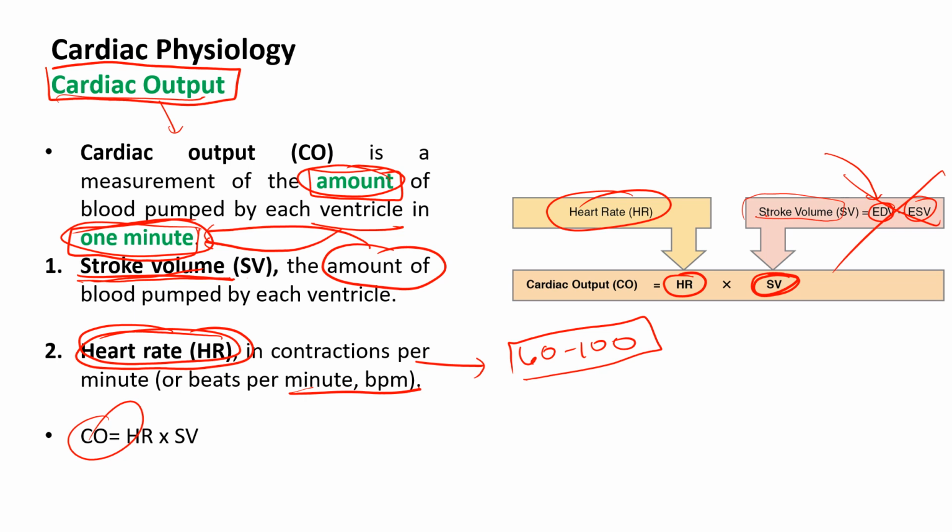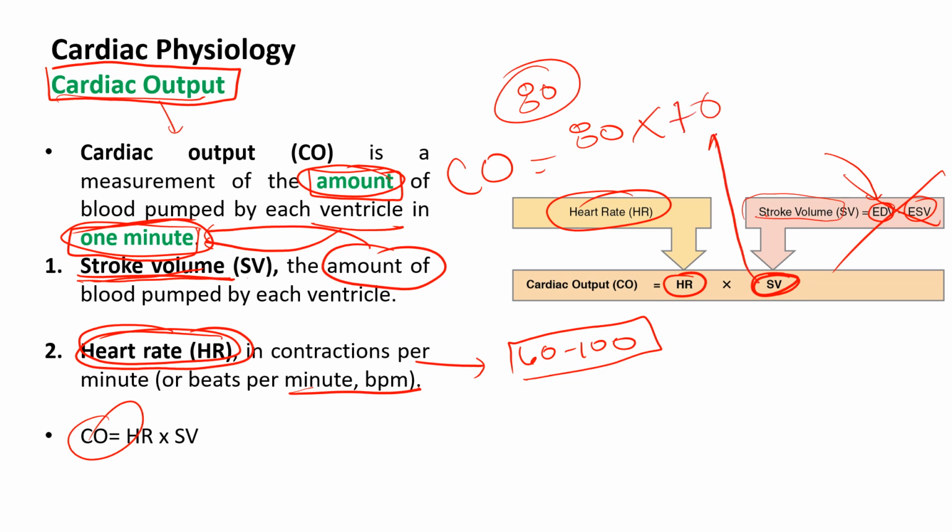And so if somebody has, for example, a heart rate of, let's say, 80, and you want to calculate the cardiac output, what you do is you multiply 80 by 70. 70 is the average stroke volume, 80 the heart rate, and then whatever result is that, you can do it. I'm kind of lazy, I don't want to do it. So whatever result you have there is the amount of blood that the heart has pumped in a whole minute. That is the cardiac output.